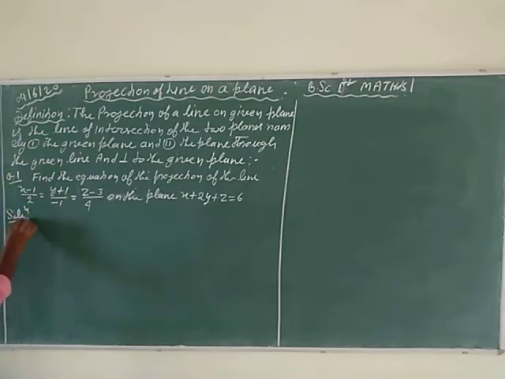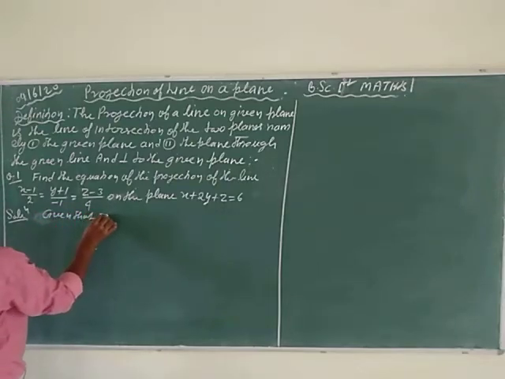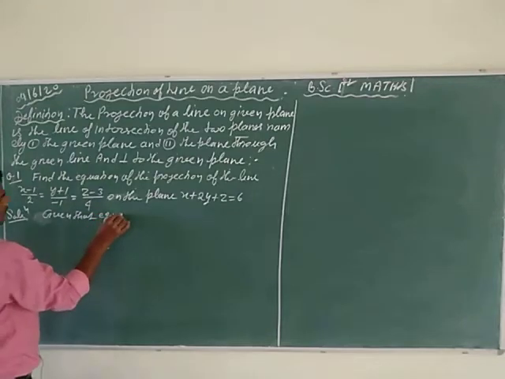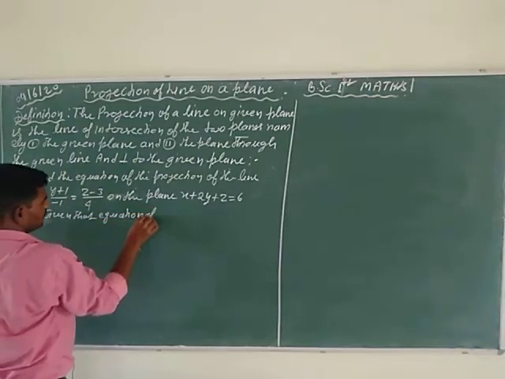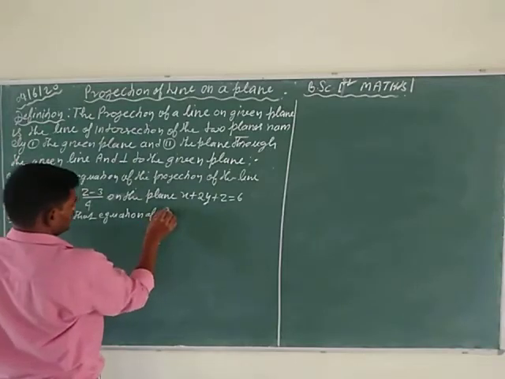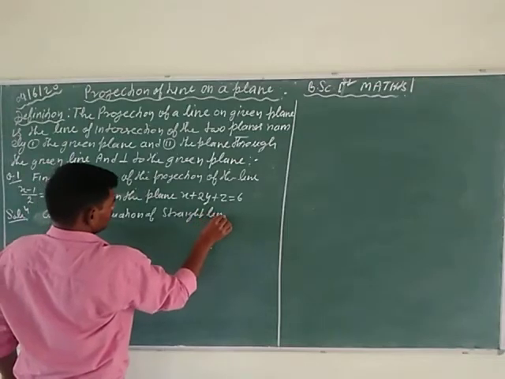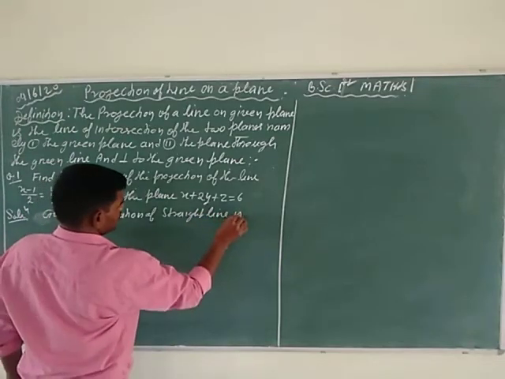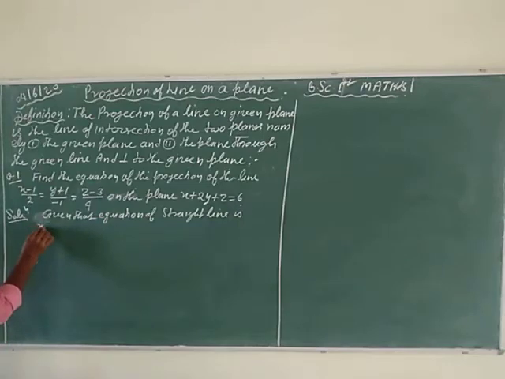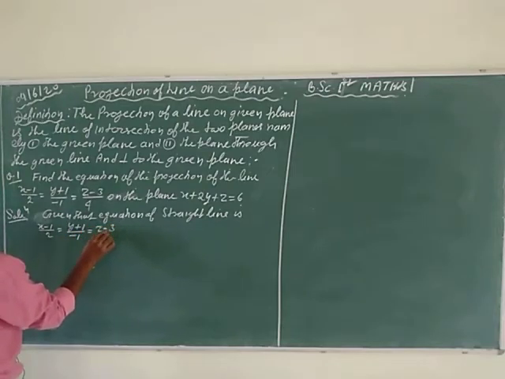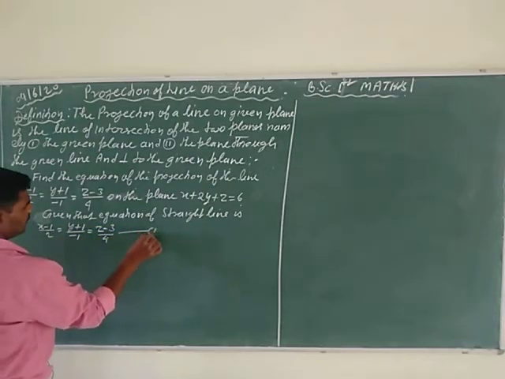The solution is: first, given the equation of the straight line (x minus 1)/2 = (y plus 1)/(minus 1) = (z minus 3)/4, which is the first equation.